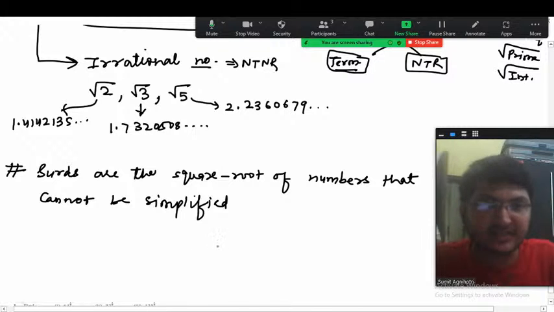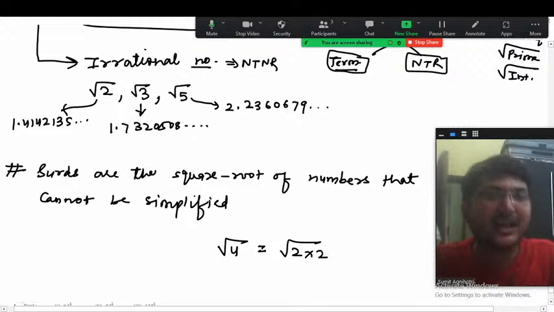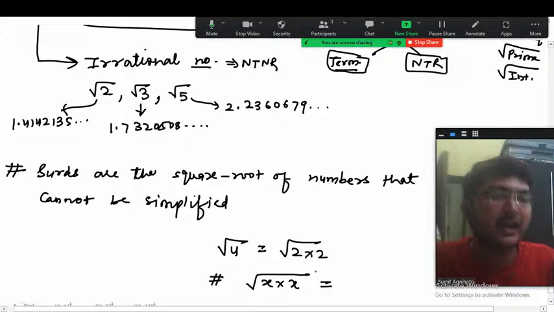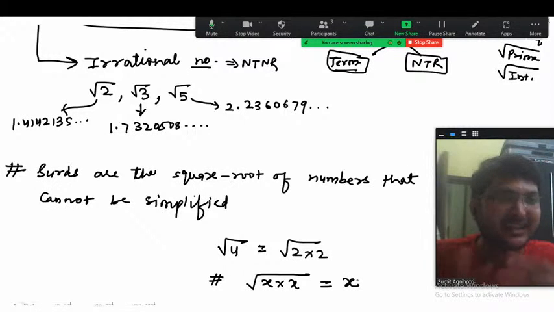Let's say I am considering root 4. This root 4 can be written as 2 times 2. And this is a rule of surd, note it down: if inside this square root I am getting something 2 times, I will just remove the surd and I will get only one value. That is why we can remove the surd for a number like this.